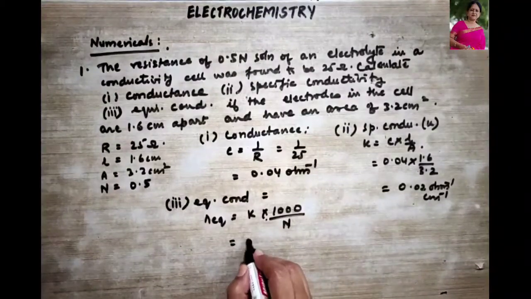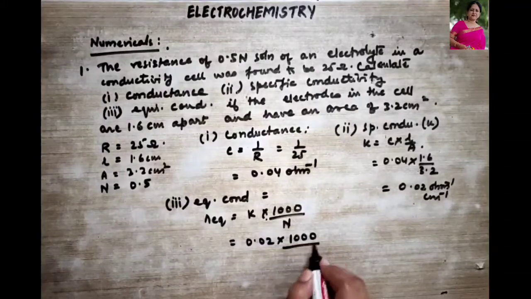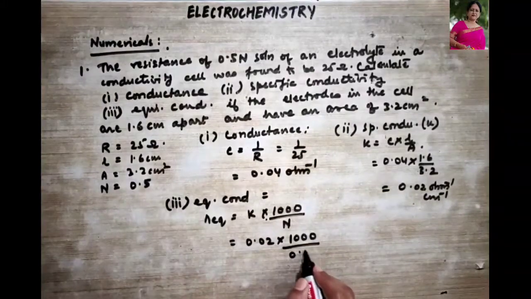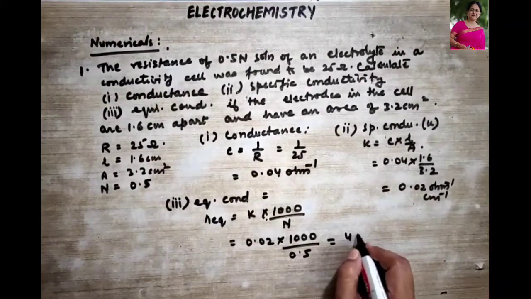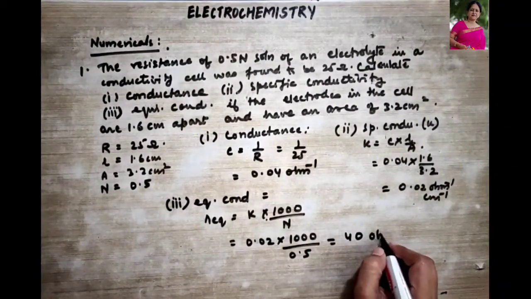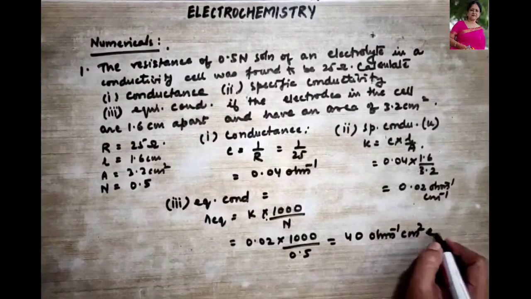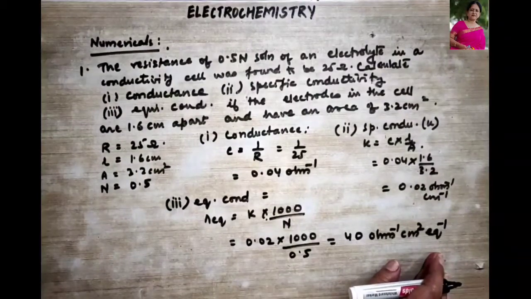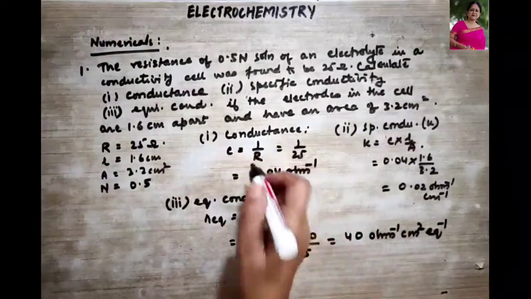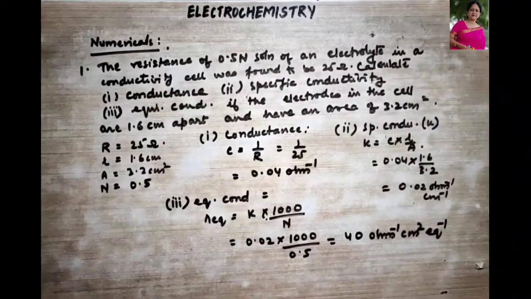How much? 0.02 into 1000 upon 0.5. Clear? So this will be equal to 40 per ohm centimeter square per equivalence. I hope it's clear. You just have to put the formulas and you can do the calculations, right?